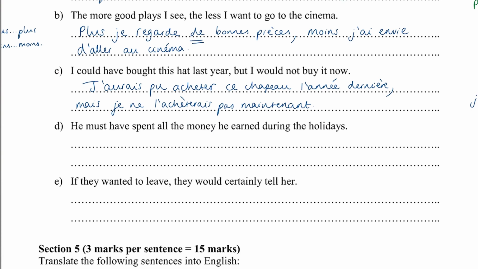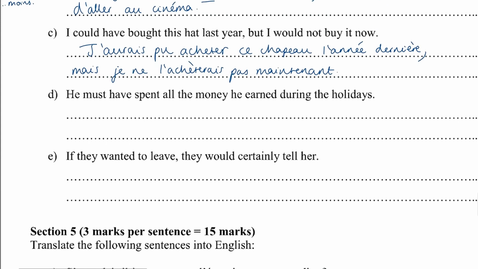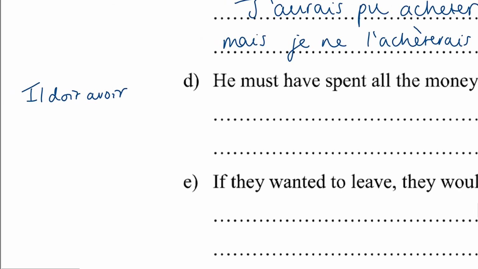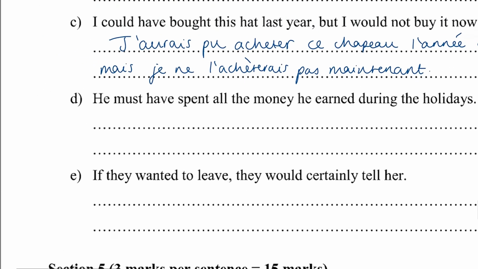Here we are, another must-have. Actually, no, this is where the must-have comes, isn't it? He must have spent all the money he earned during the holidays. So you might think, oh, it's going to be il doit avoir, because that's what happens in English. It's also what happens in German. You would say, muss etwas ausgegeben haben, perfect infinitive. In French, that doesn't happen. The whole thing is not a present plus a past.